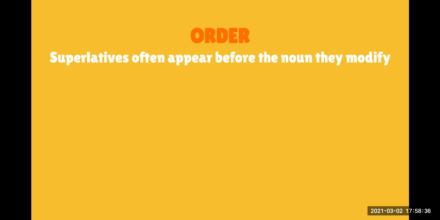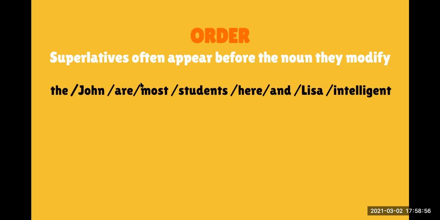If we are talking about a person, the superlative form appears before the person. I'm going to give you a sentence that is not in the correct order. I want you to read the sentence and order it in the correct way. And don't forget to place the superlative form before the noun that you are modifying.